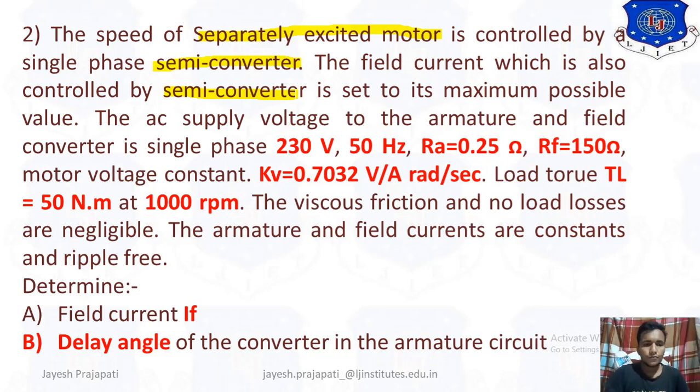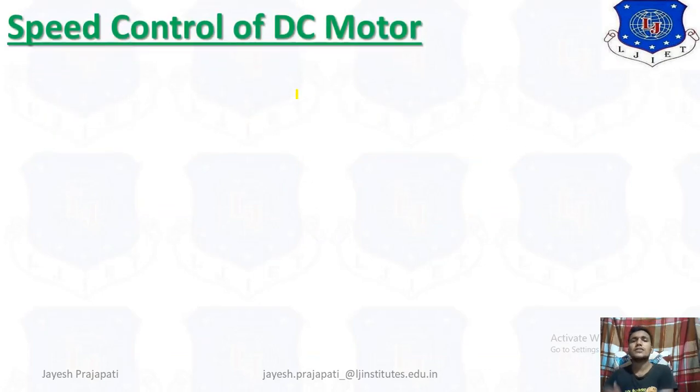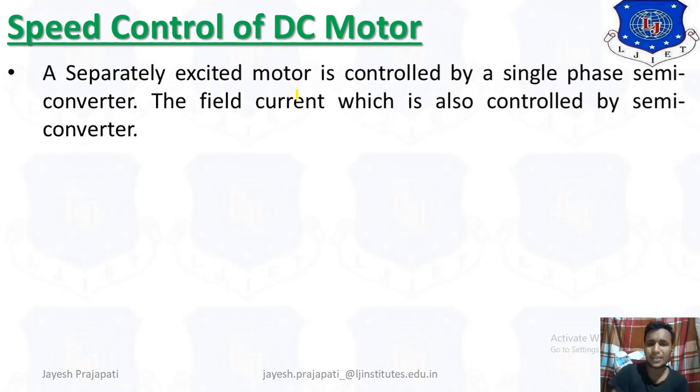Now if we have to find the field current and delay angles, first of all we have to write down the given data. First we discuss the speed control of a DC motor. We take a separately excited motor that is controlled by a single phase semi converter, and the field current is also controlled by semi converters.